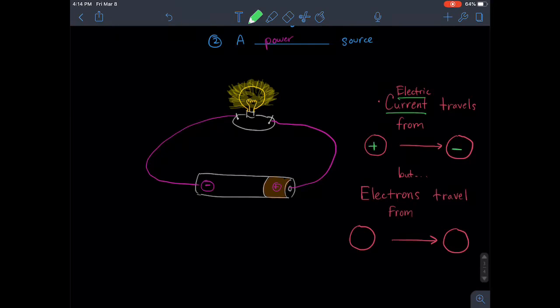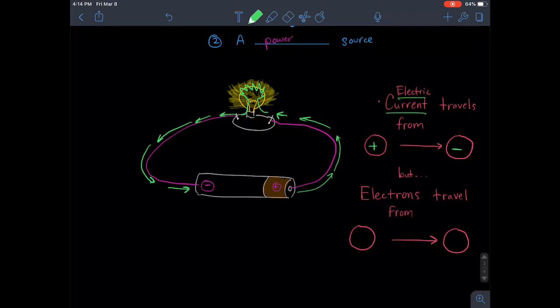So if I were to draw arrows in green for electric current, the electric current is traveling from positive to negative. And as it flows through this light bulb, the electrical energy turns into light energy. And then whatever doesn't turn into light energy is able to flow back through the wire.